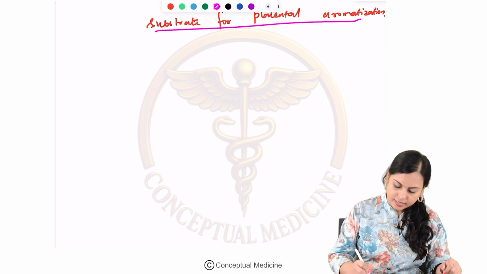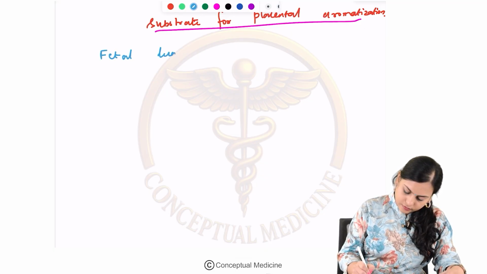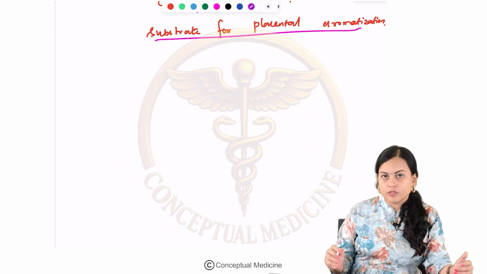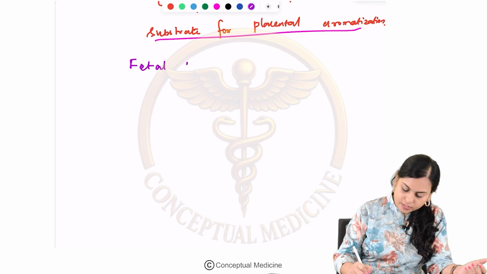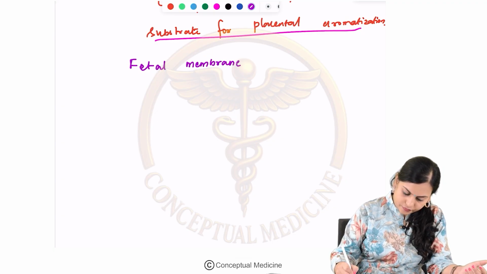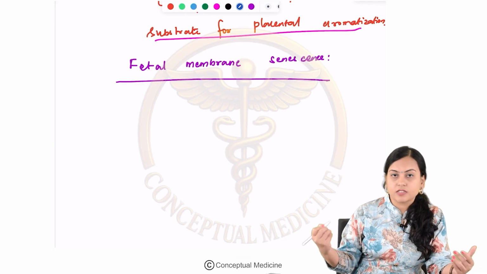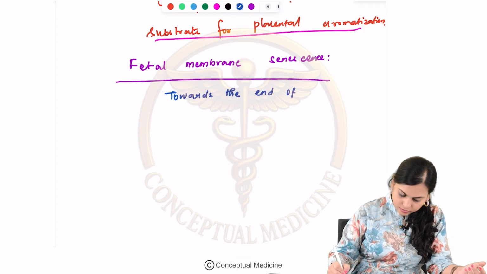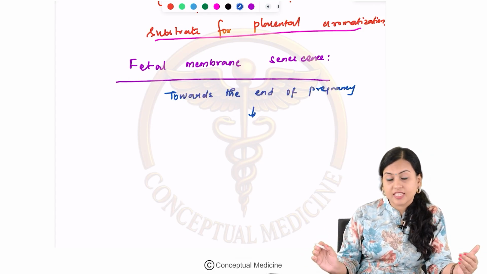Clear? Next, we have to see about fetal lung surfactant and platelet activating factor. It also helps in fetal membrane senescence, that is fetal membrane maturation. Towards the end of pregnancy, the fetal membranes go for senescence, resulting in a sterile inflammation.